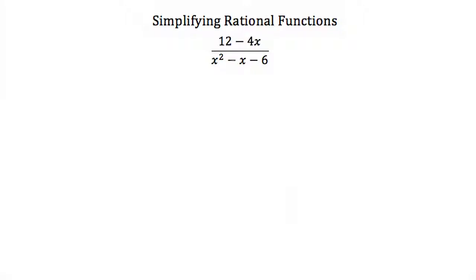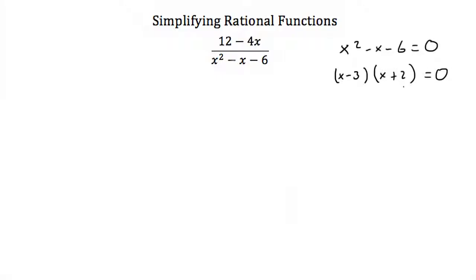Now the last thing we have to talk about is just a special trick when you're trying to factor out or eliminate a binomial. So let's try to simplify this rational function. Our first step is to find our excluded values. So we take x squared minus x minus 6, or we take our denominator, and we set it equal to 0. Now I can factor this into x minus 3 and x plus 2.